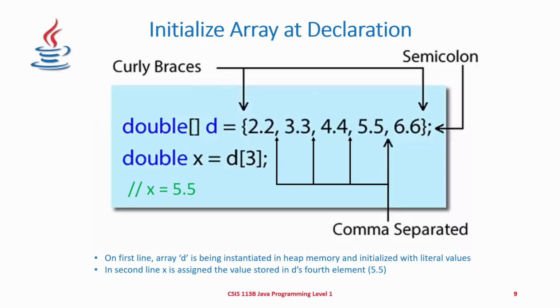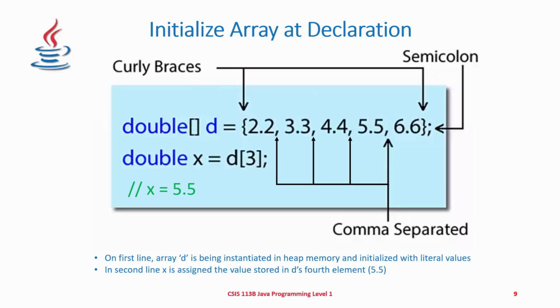So when you want to identify the literal values that you're going to store in an array as you're declaring it, the whole sequence of values goes inside a set of curly braces, each value separated by a comma. Then on the next line, we're assigning one of the values from our D array to a double variable named x.